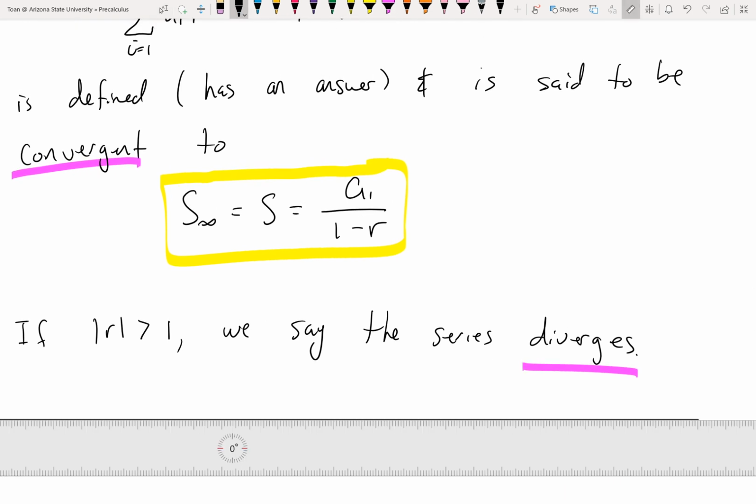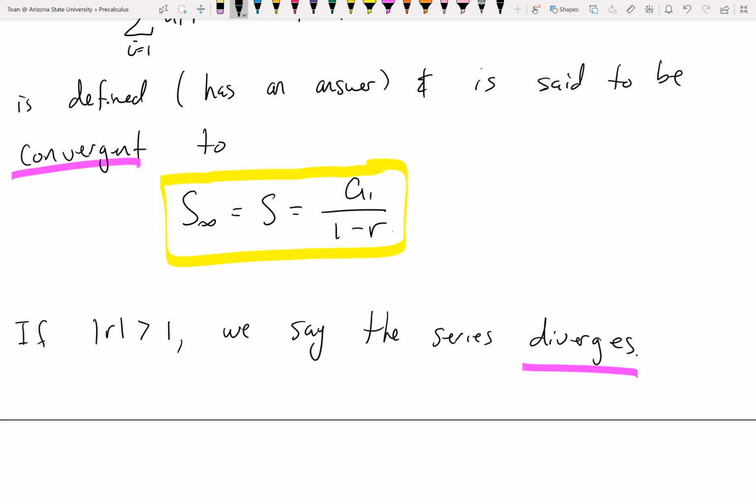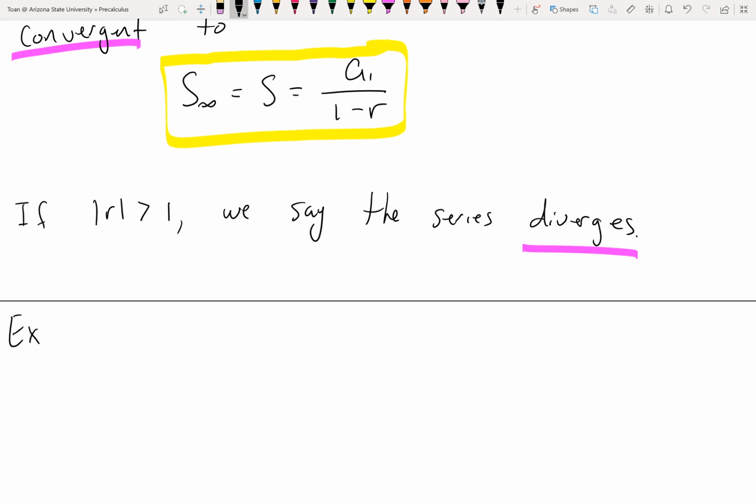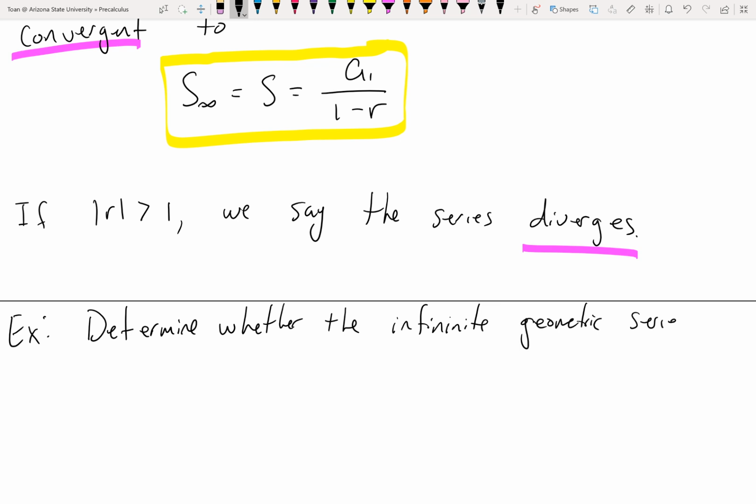Although the concept of adding an infinite amount of numbers and still getting an answer may seem trippy, the actual calculations are pretty straightforward. So let's take a look at one last example here. Determine whether the infinite geometric series is convergent. Basically, does it have an answer?